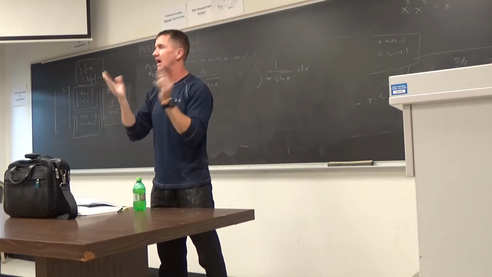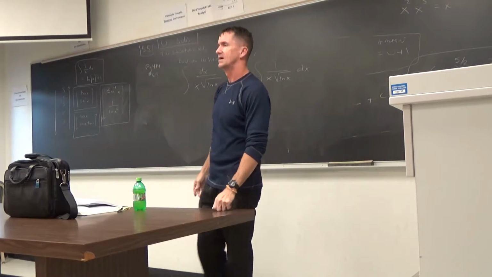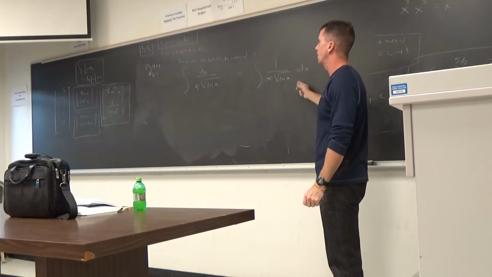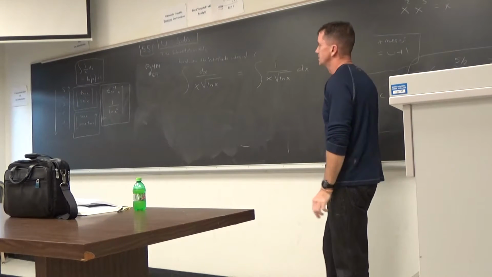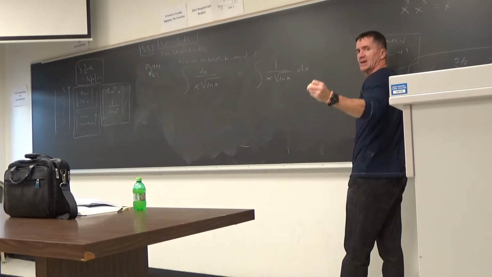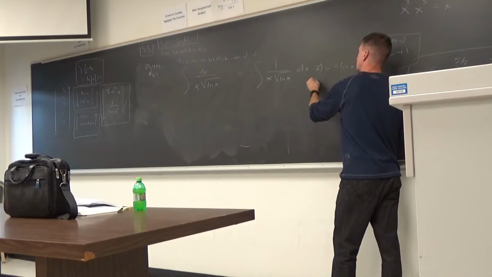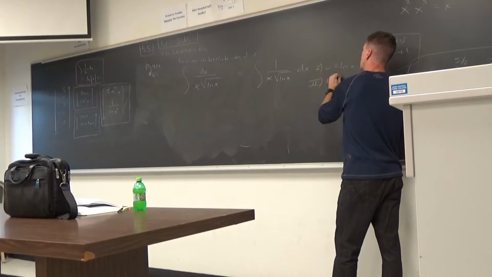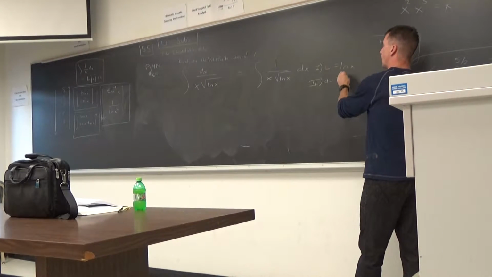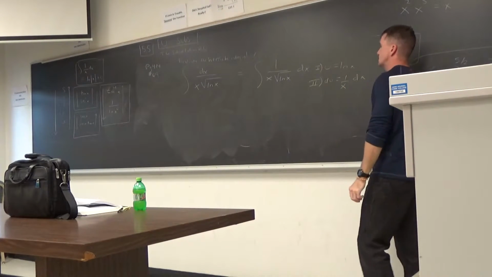They're used to that, and that kind of thing, like, I left that one blank. The dx up there was bugging me. And I said, oh, just do this. And they go, oh, you're kidding me. Now we got it. So keep in mind, you can always do that. All right, you made the suggestion. What are you letting u equal? Natural log of x. All right. Step 1. Step 2. du equals 1 over x dx.